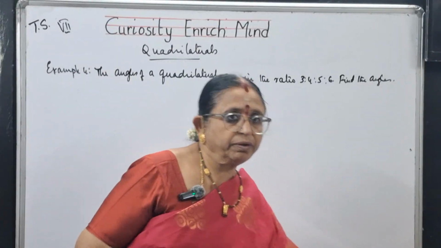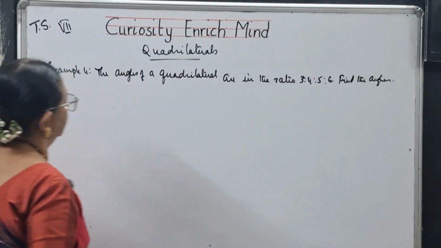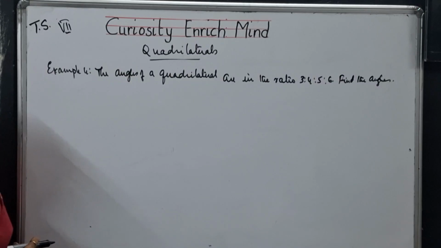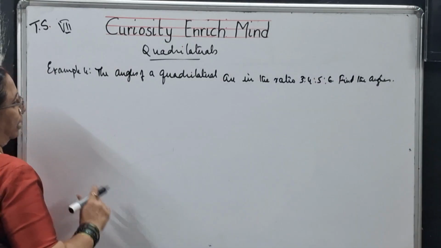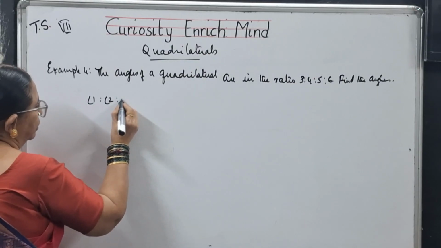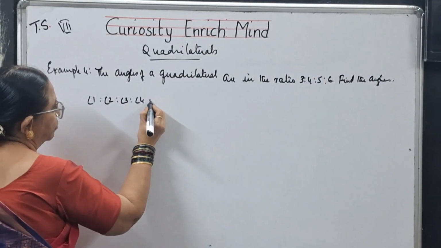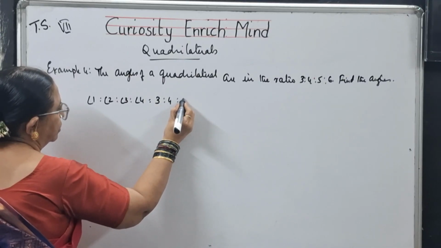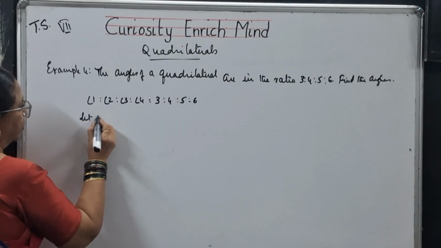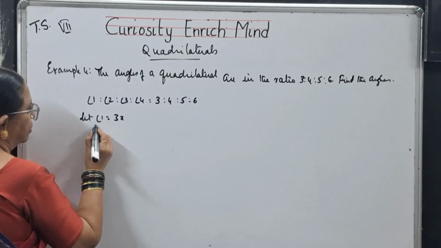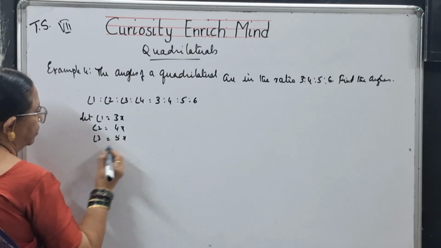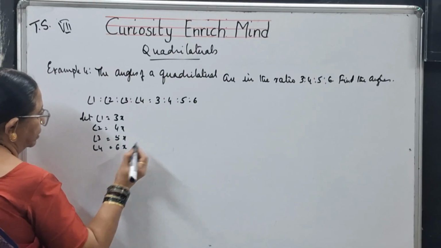Now the next example, children. The angles of a quadrilateral are in the ratio 3 is to 4 is to 5 is to 6. Find the angles. So angle 1 is to angle 2 is to angle 3 is to angle 4 is equal to 3 is to 4 is to 5 is to 6. So let angle 1 be 3x, angle 2 be 4x, angle 3 be 5x, angle 4 be 6x.